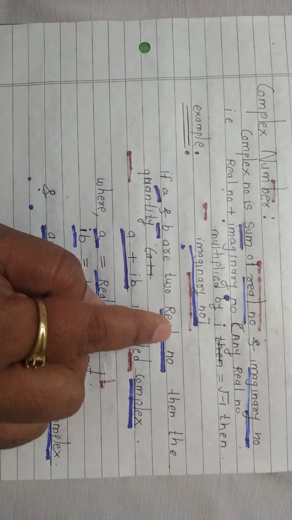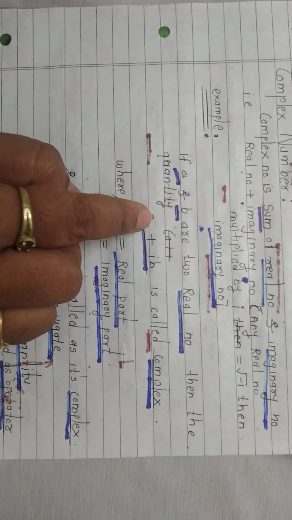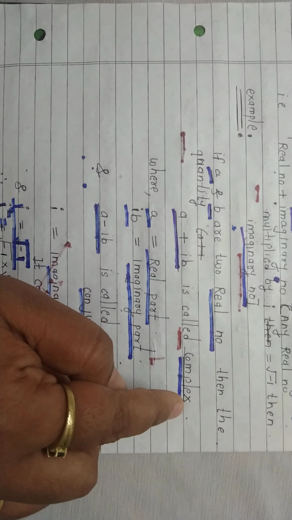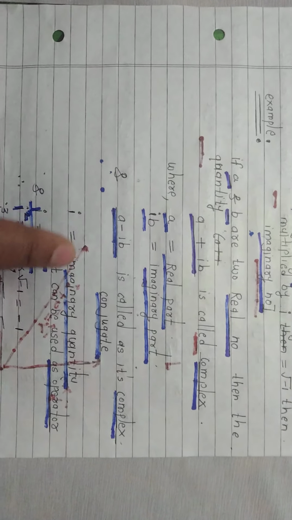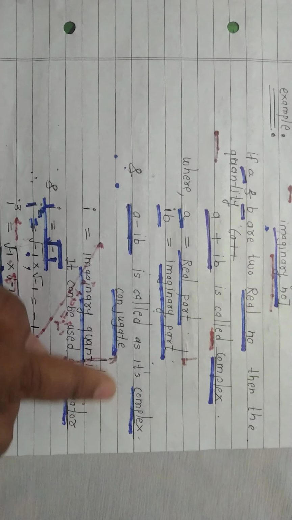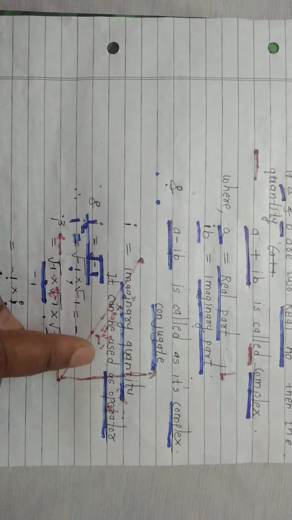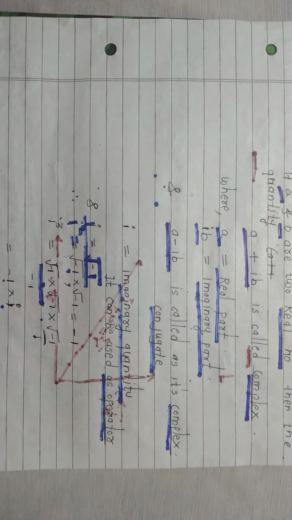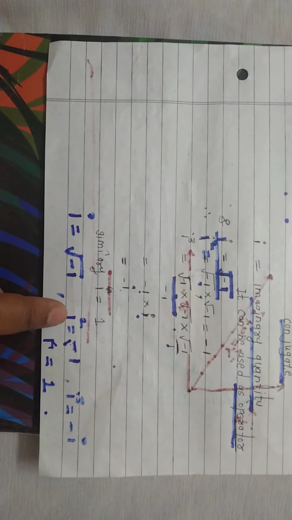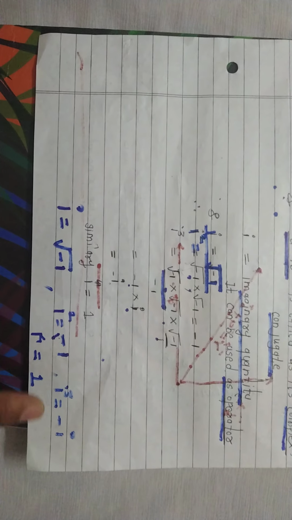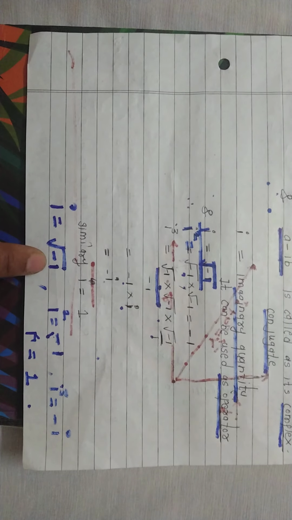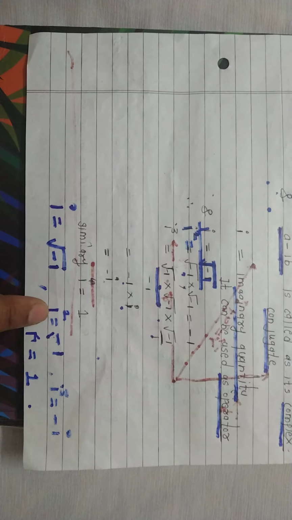If A and B are two real numbers, then A plus iB is a complex number and A minus iB is called its complex conjugate. i is an imaginary quantity with i equal to root minus 1, i square is equal to minus 1, i cube is equal to minus i, and i fourth power is equal to 1.